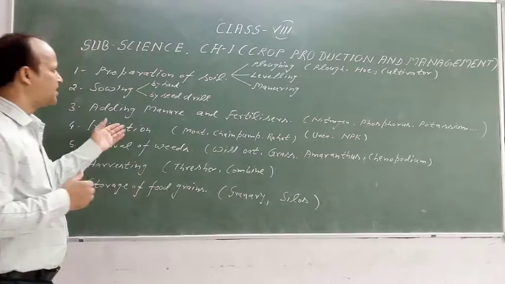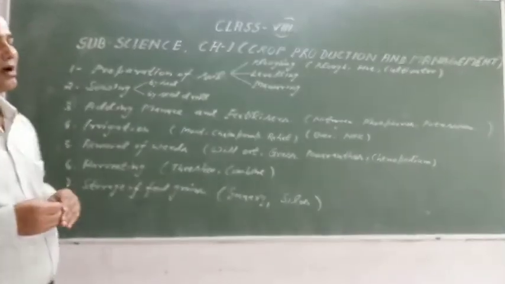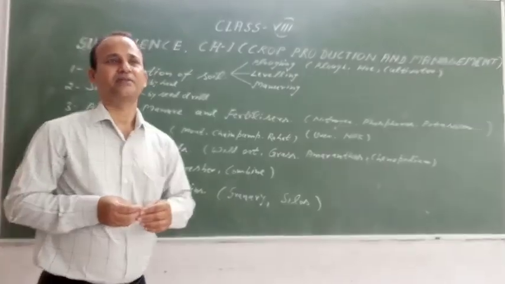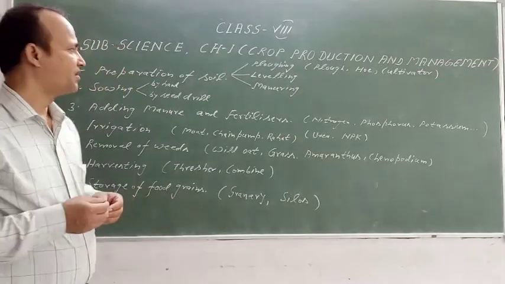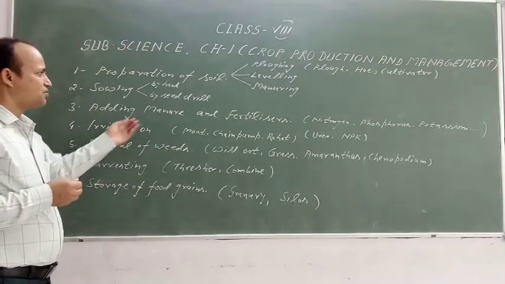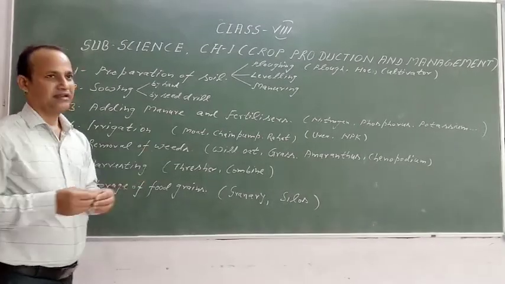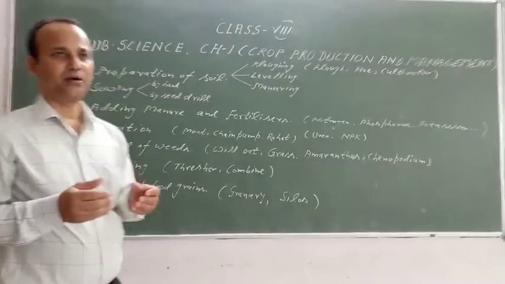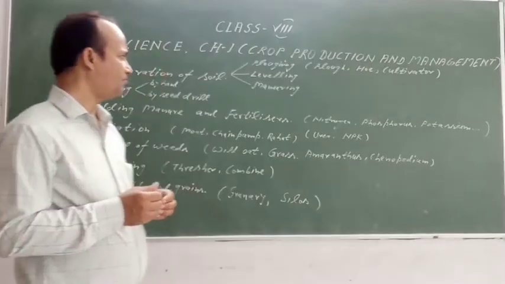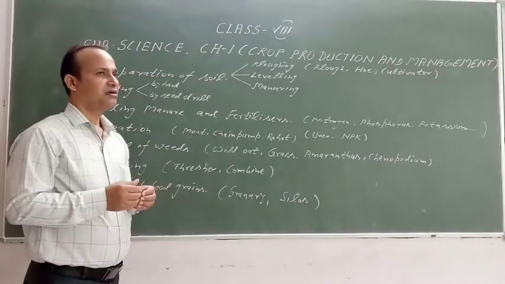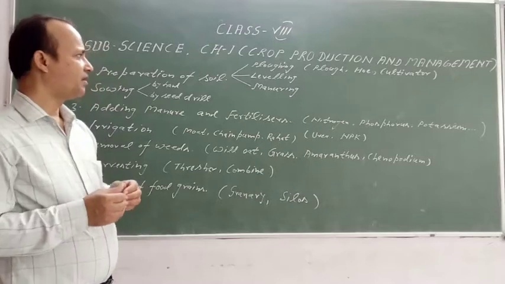Next one is adding manure or fertilizers for better growth of plants and more production. Farmers use manure and fertilizers. Manure means natural decomposed materials, fertilizers are chemically prepared.